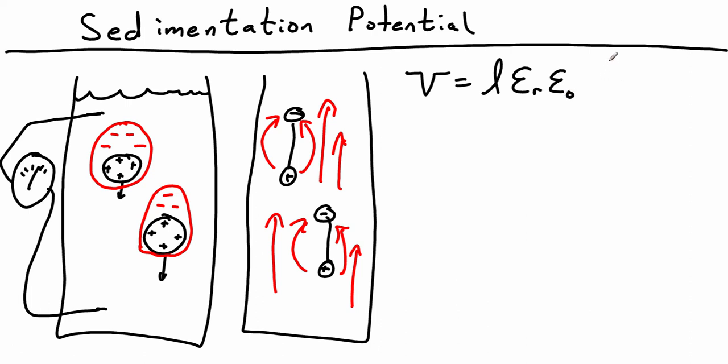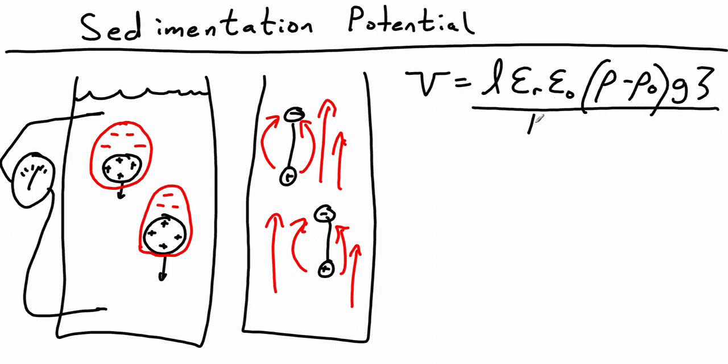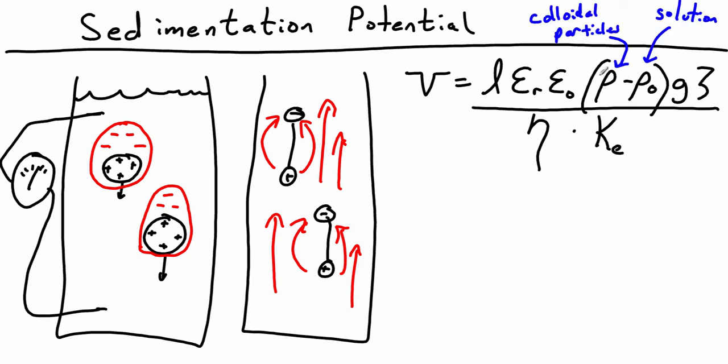Dielectric permittivity, the density difference between the solvent and the colloidal particles, gravitational constant g, and the zeta potential divided by the viscosity times the electrical conductivity. And let's annotate this just a bit. This is a positive number. We end up with an E field pointing in the positive direction.